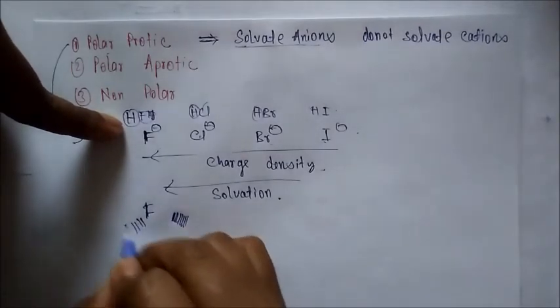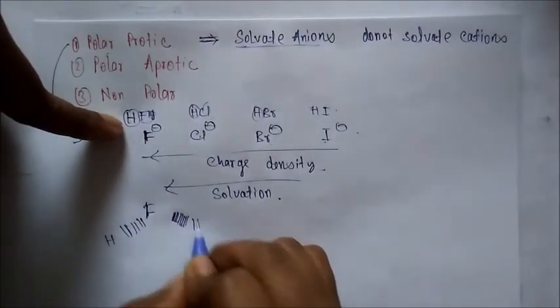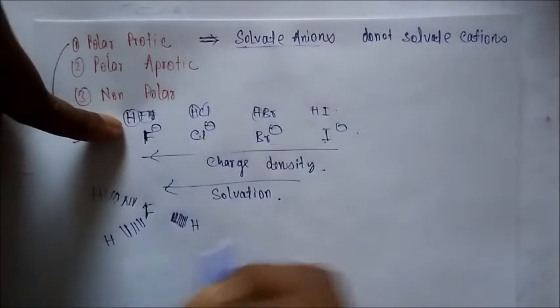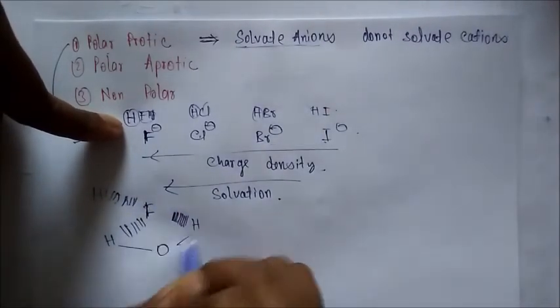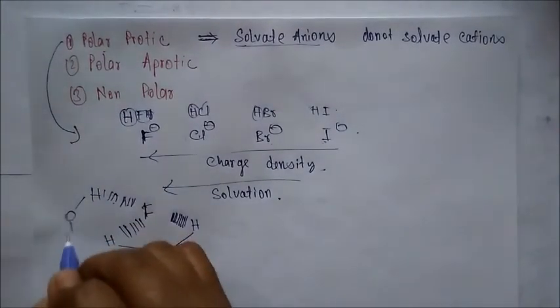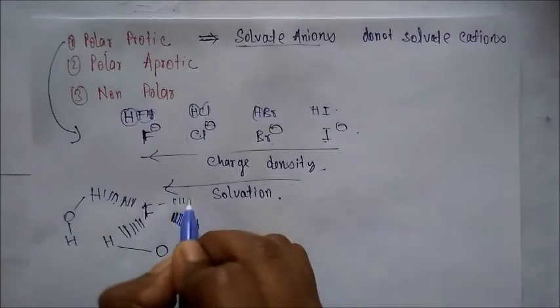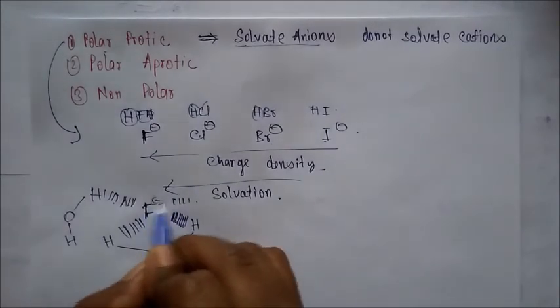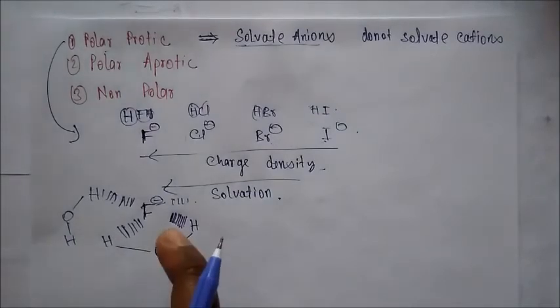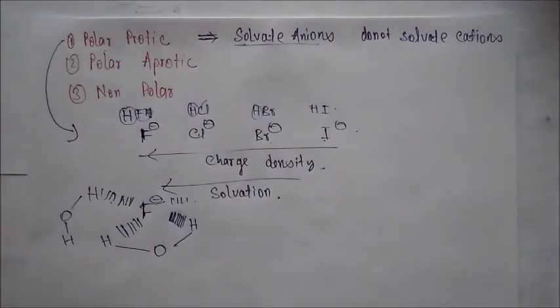Let's say hydrogen from water is solvating F minus, so solvation of F minus will be more. So the more the solvation, the greater will be the size of F minus in the polar protic solvent.